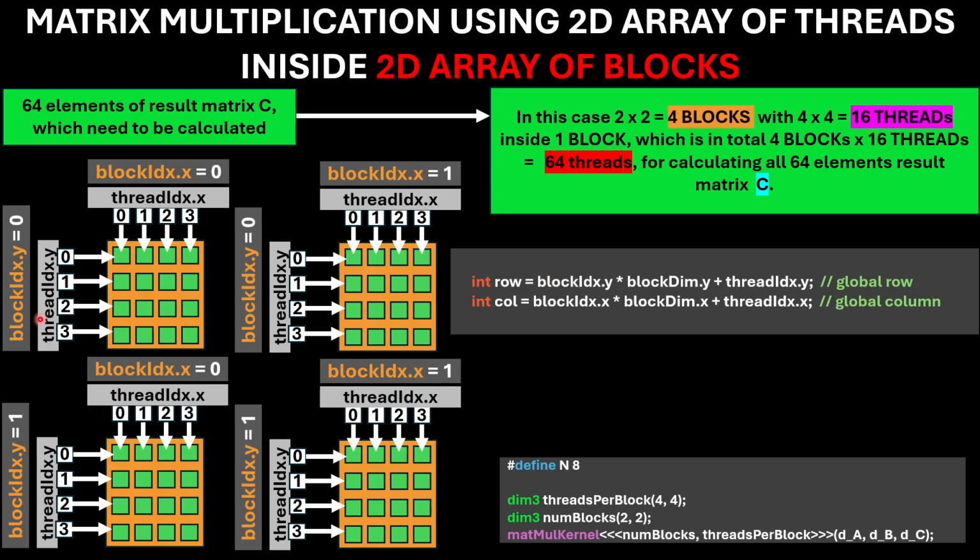So this block index, and then inside of that block index we multiply by the dimensionality, because when you pick up, let's say, block 1, you are jumping over all the addresses in block 0. Then with a specific threadIdx.y, you pick up the specific row where you put your element, and also the row from which you pick up the elements of matrix A. But for columns, it's the same.